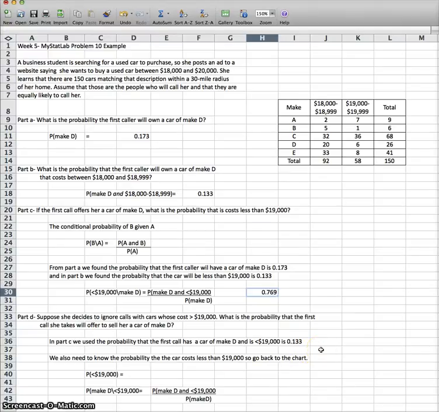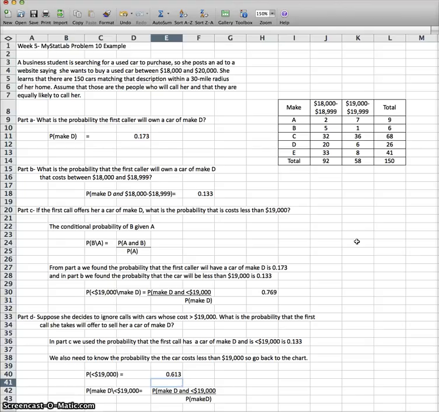Found that up in part B. We also need to know the probability that the car costs less than 19,000, so we can go back to our chart. And we know that the total cars that cost less than 19,000 is 92 out of a possible 150. So we'll find that probability here, equals 92 divided by 150, and we get 0.613.